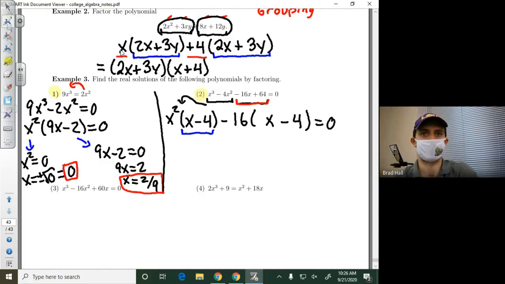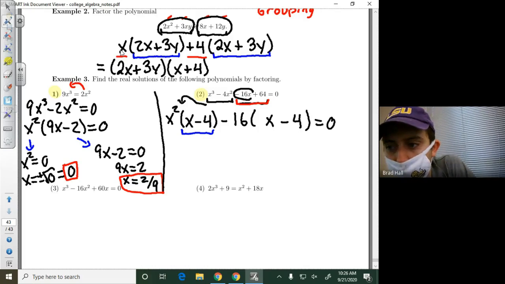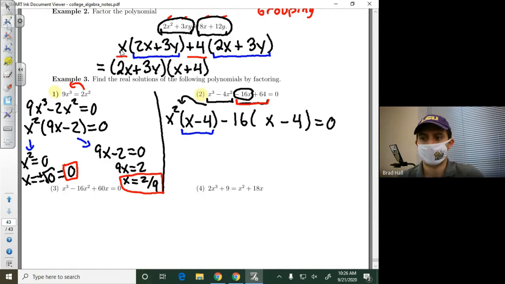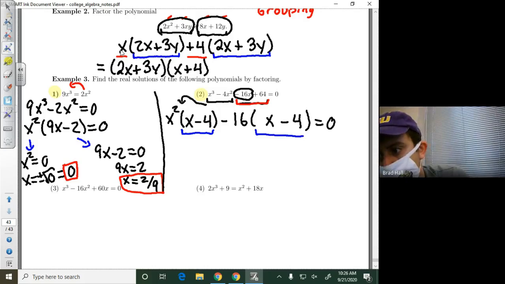So if we take negative 16 out of negative 16x, we're just left with positive x. And then 64 divided by negative 16 would be negative 4. And now we have our match.